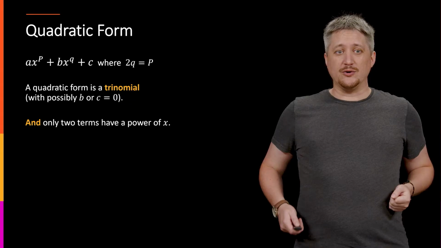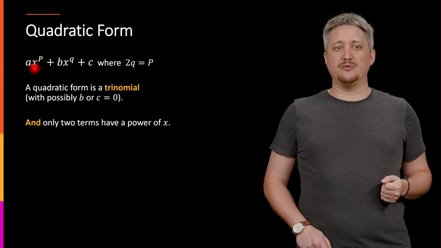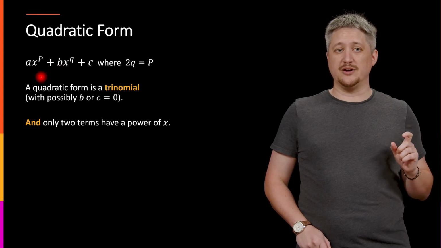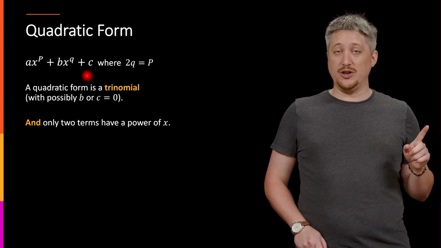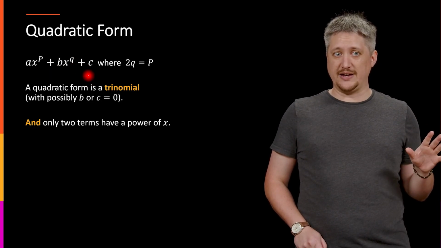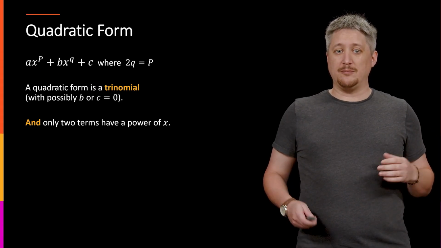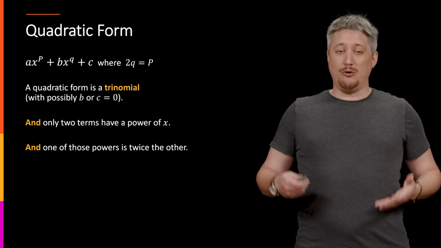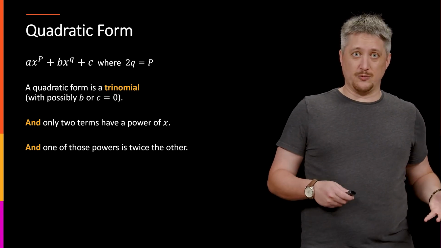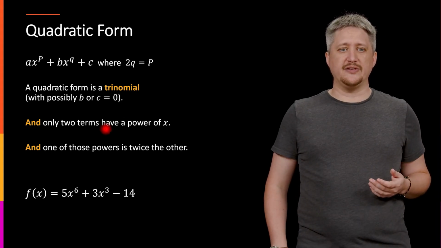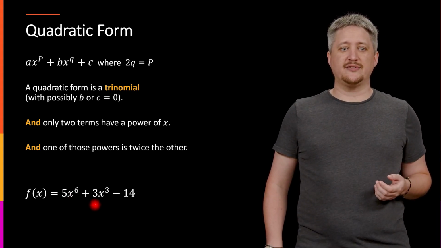The important takeaway, though, is that this relationship of x terms and powers is what we really want to zero in on. So we have three terms. One of them has got to be a constant, no positive power of x. So two of them have a positive power of x. One of those powers is twice the other one. So when we look at our original, we had 5x to the sixth, 3x cubed, minus 14.